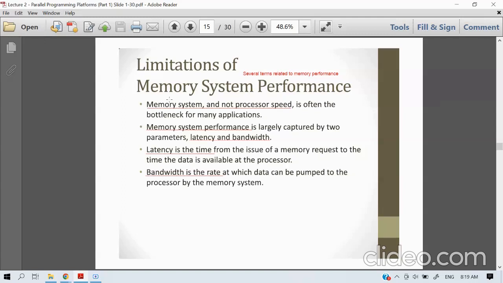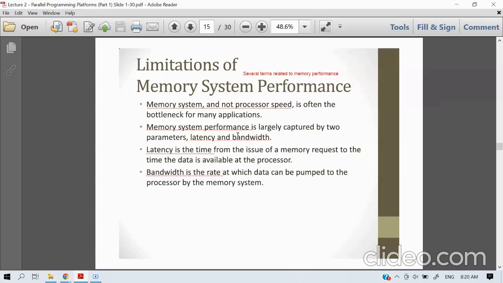So when we talk about the application of parallel processing, we need to consider the memory system, and also the speed itself. Memory system performance is largely captured by two parameters. In this slide, we want to discuss memory performance.